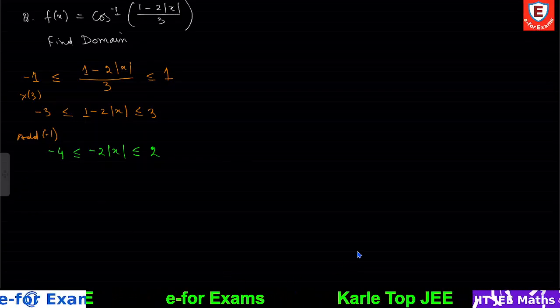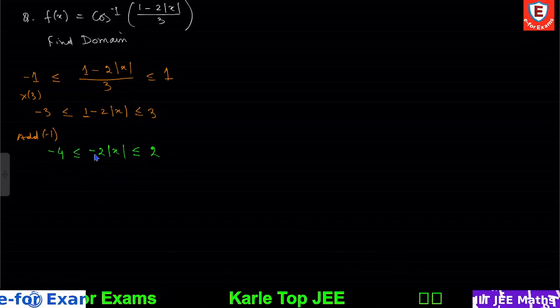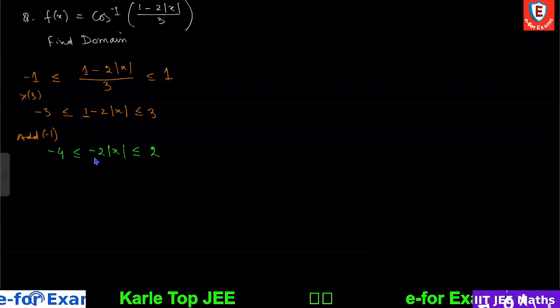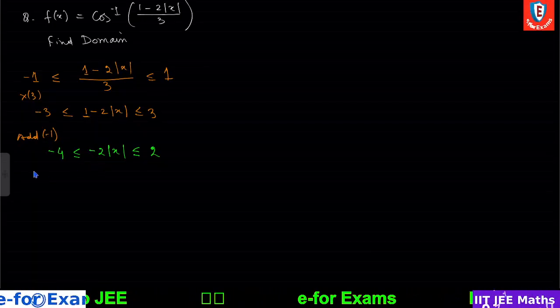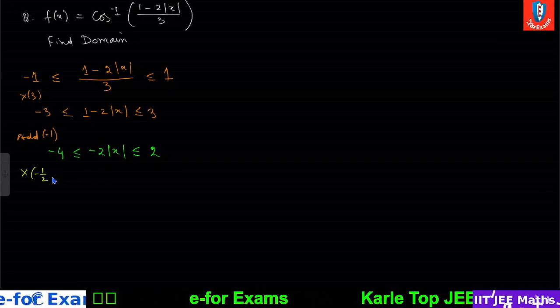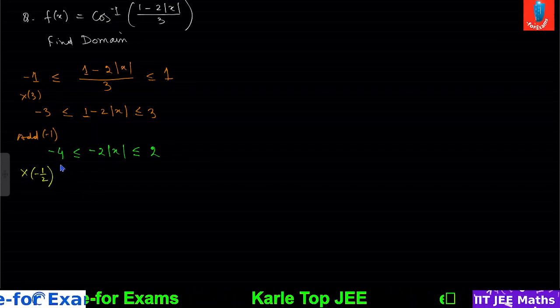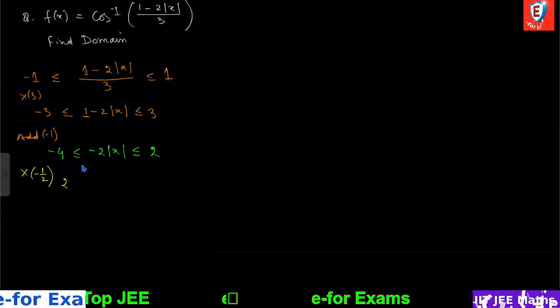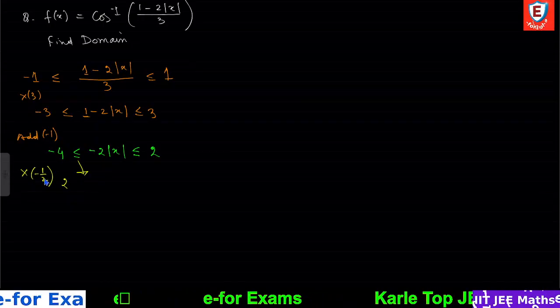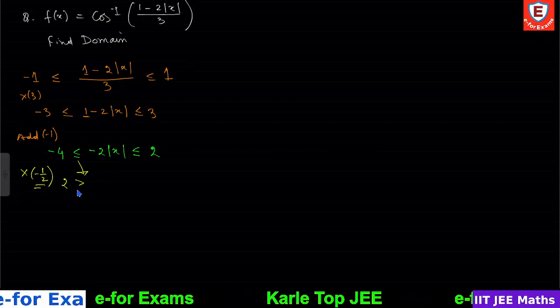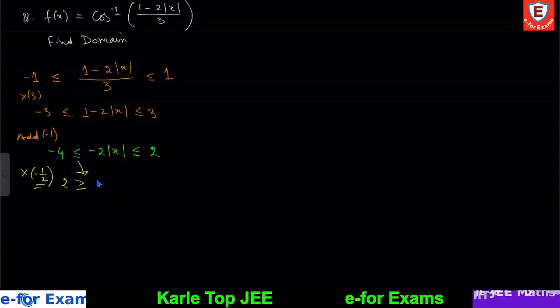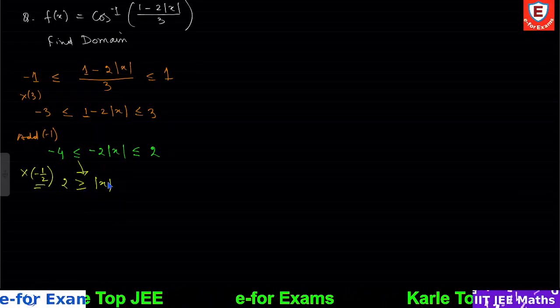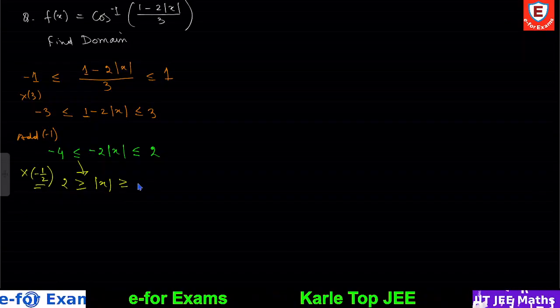Now we have to remove this minus 2, right? So multiply by minus half. Then this will be 2. When you multiply this inequality with a negative value, the inequality sign changes. So it will be 2 greater than or equal to mod x greater than or equal to minus 1.